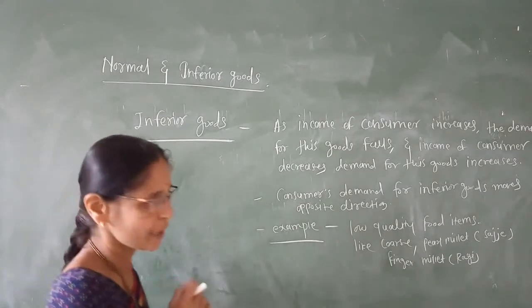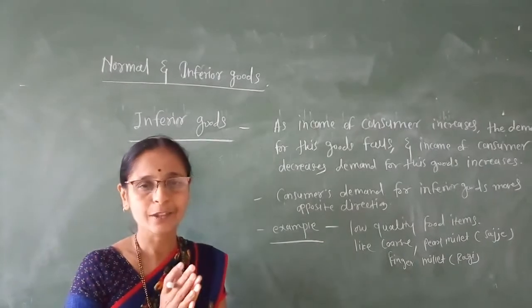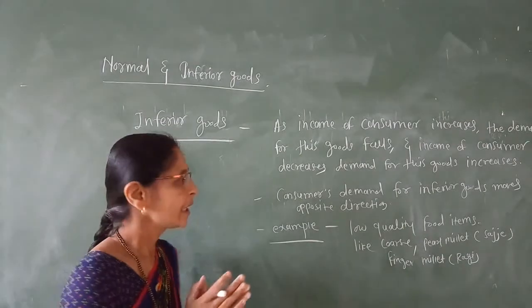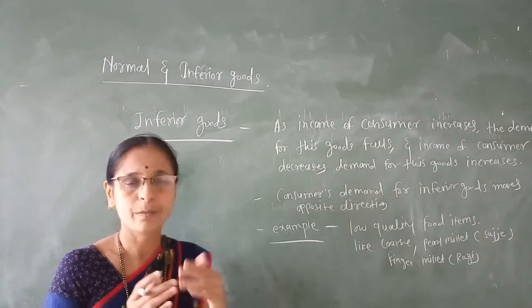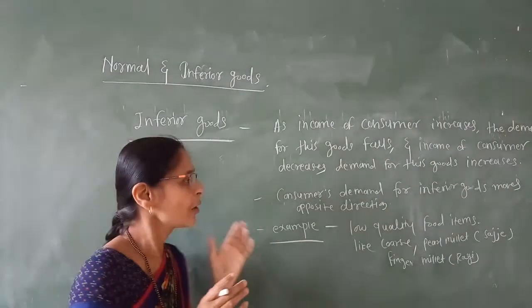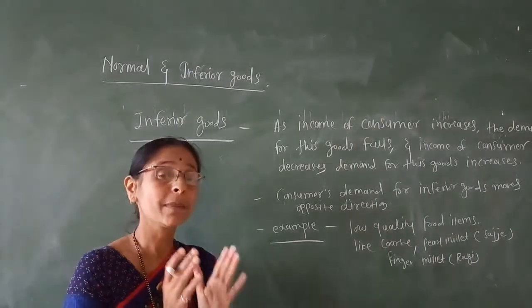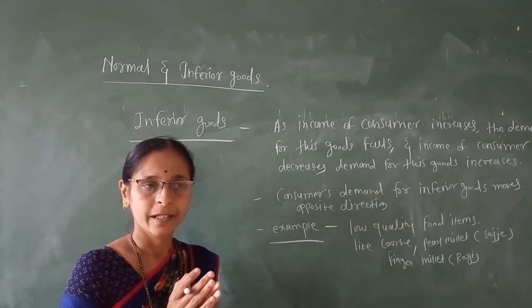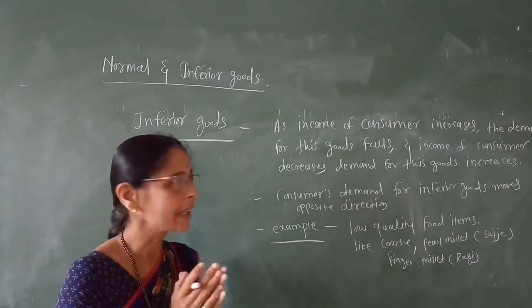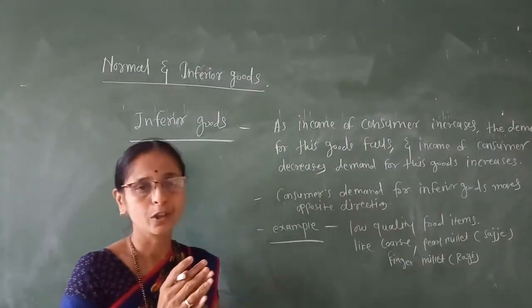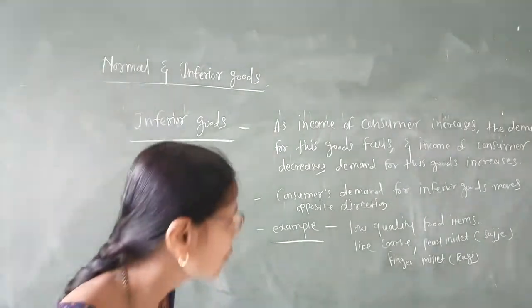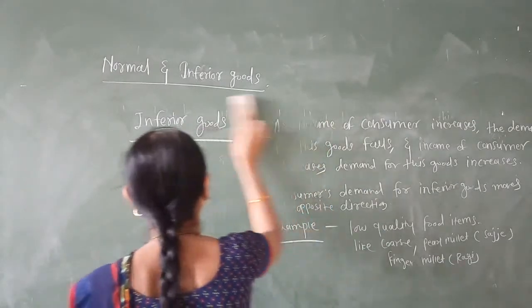In your examination, you may be asked to give the meaning of inferior goods, or the meaning of normal goods. Or they may ask you to write the differences between the normal goods and the inferior goods. At that time you should write the differences.